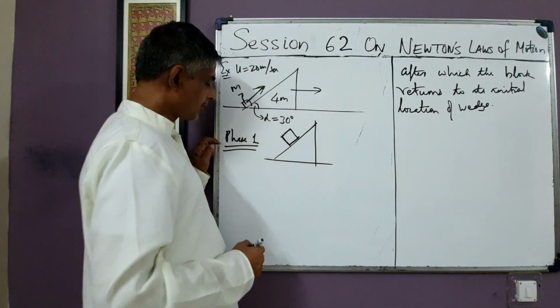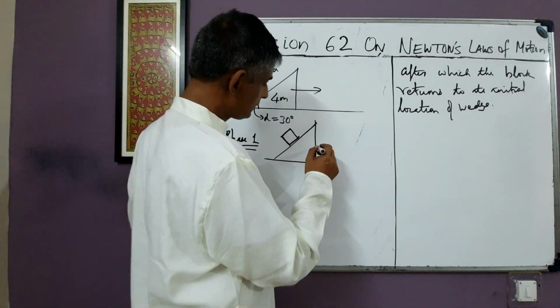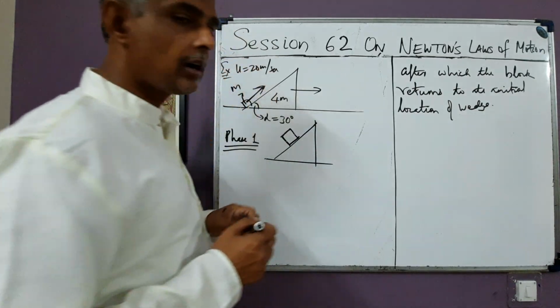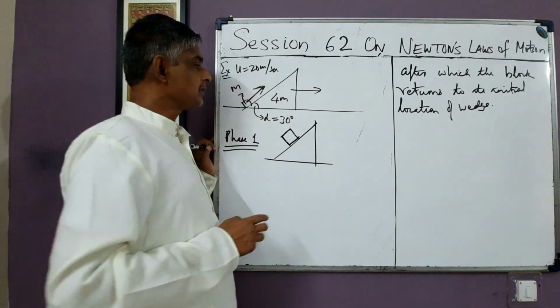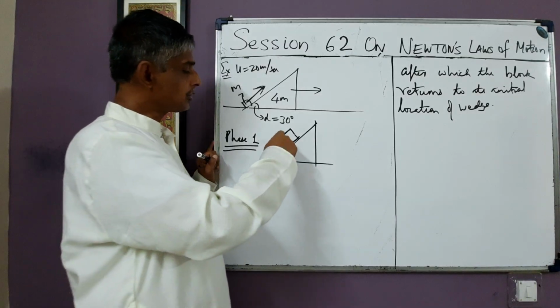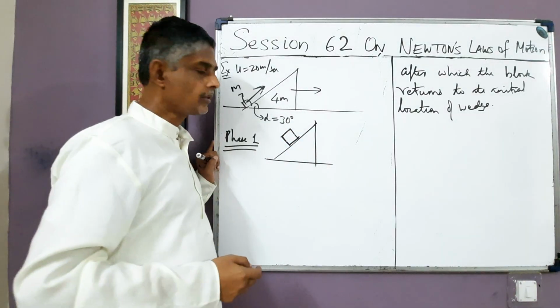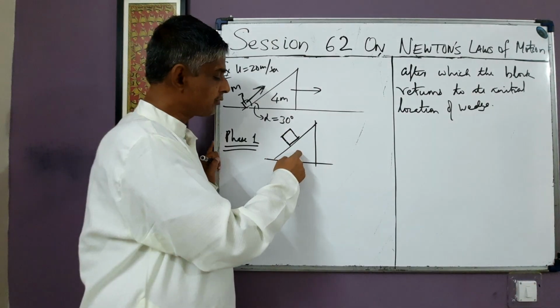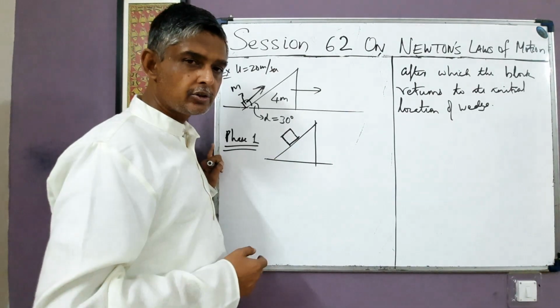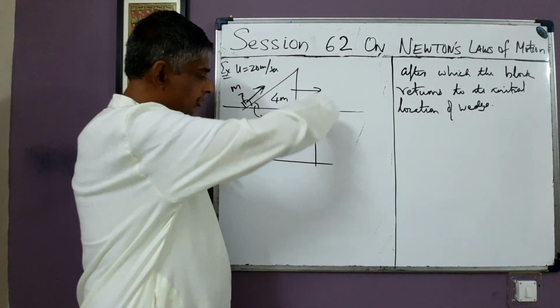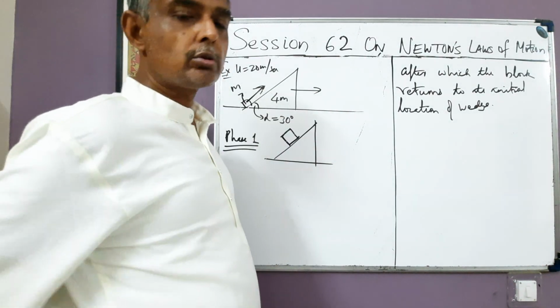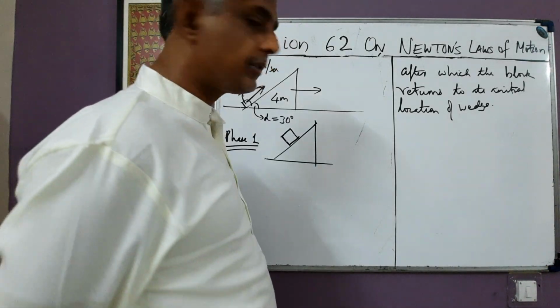Okay. So in phase 1, what I'll do, I'll simply prove that in both the upward and the downward journey of block on the wedge incline, acceleration of block with respect to wedge has a constant magnitude and it is directed down the incline throughout the entire course of motion of the block over the wedge incline.